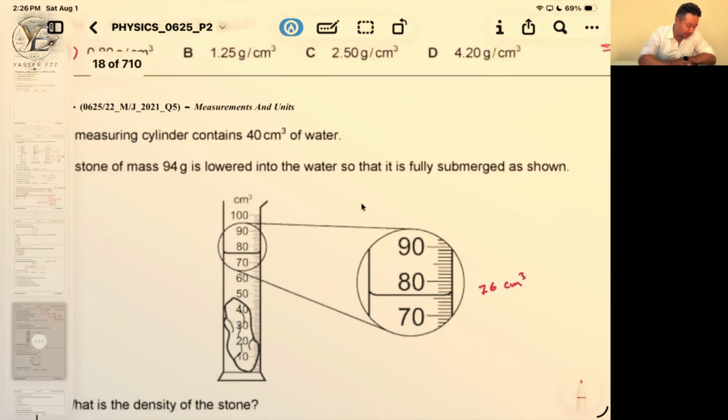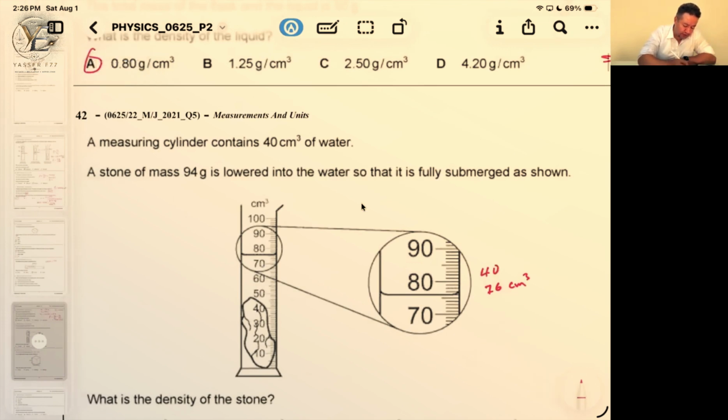So it's 76 centimeter cube. This is the new volume, and the first volume was 40. So 76 minus 40 gives us 36 centimeter cube. This is the total volume of the stone.